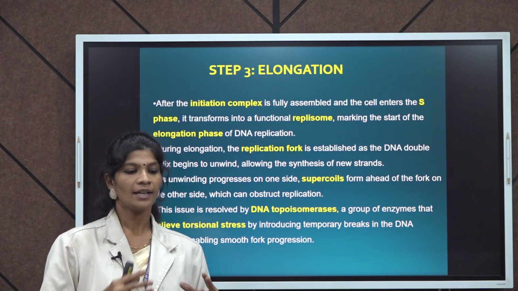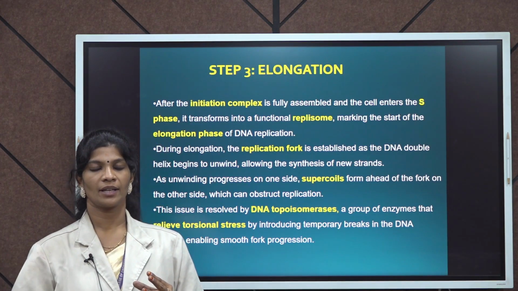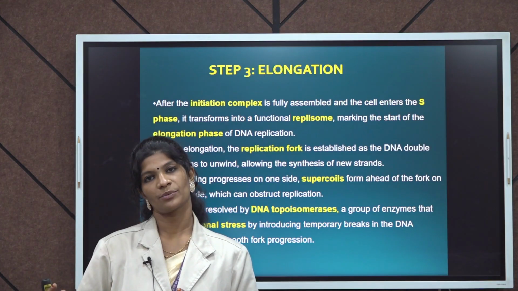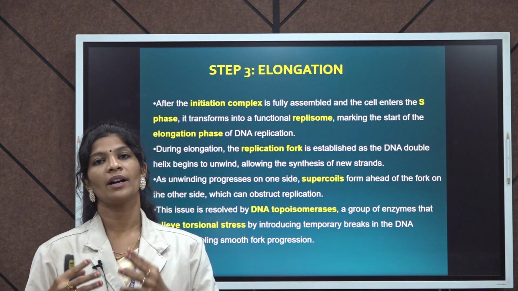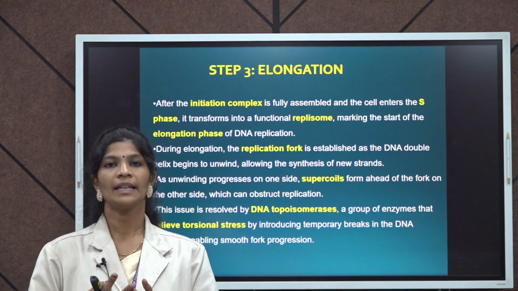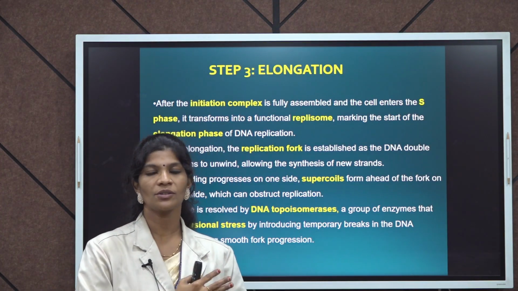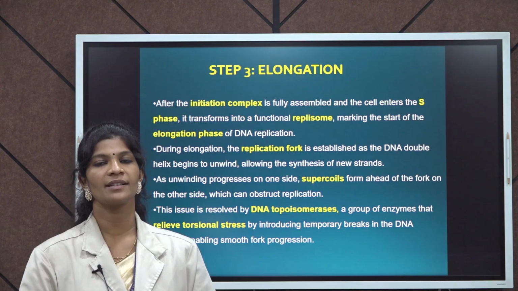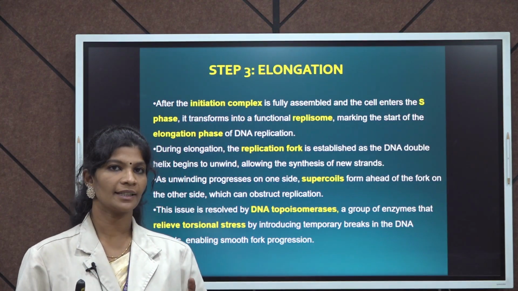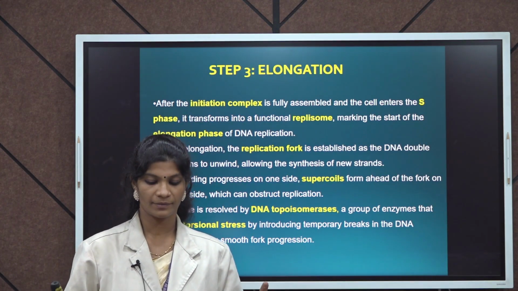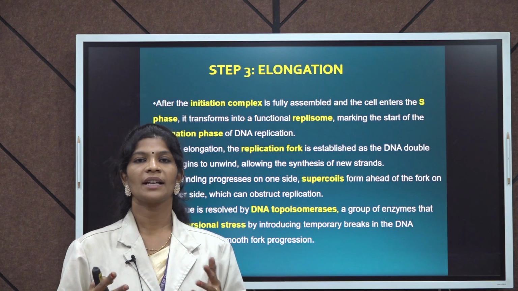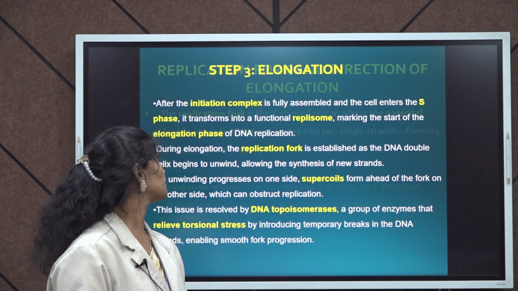On the other hand, ahead of this DNA synthesis process, DNA supercoiling also takes place, which may lead to breakage of DNA. As discussed in the prokaryote, there are two types of topoisomerase enzyme which create a nick in the DNA strand, so that supercoiling will be prevented.